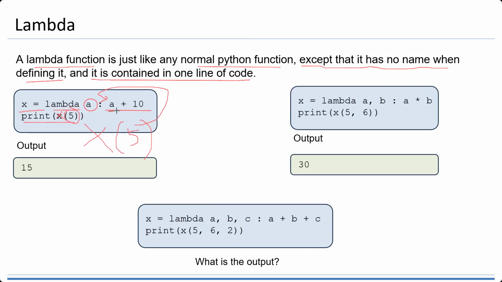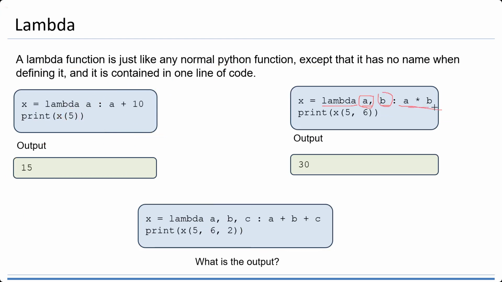So a, which is 5, plus 10, then the result is 15. Now we have another function. The function lambda has a and b, so it means there will be two values, and the function will be a multiplied by b. So we have x of 5, 6. A is 5 and b is 6. Then we have 5 multiplied by 6. The result is 30.